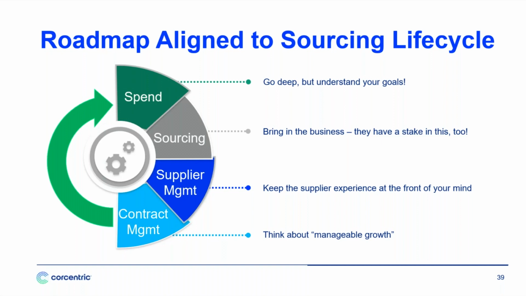But regardless of where you start, I think the important thing is to see that these tools and these modules all integrate really well. And as I said before, they kind of inform each other, right? So if you start with spend, you're doing that because you need spend visibility. Spend visibility creates opportunities to source, right?